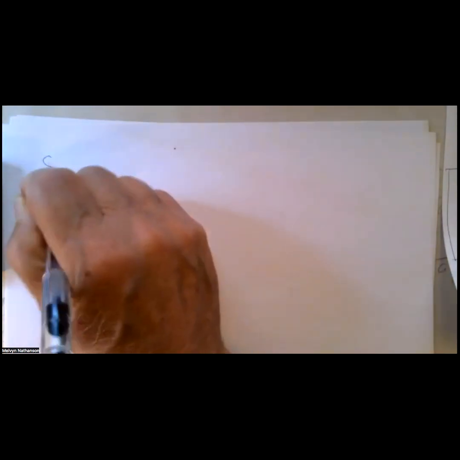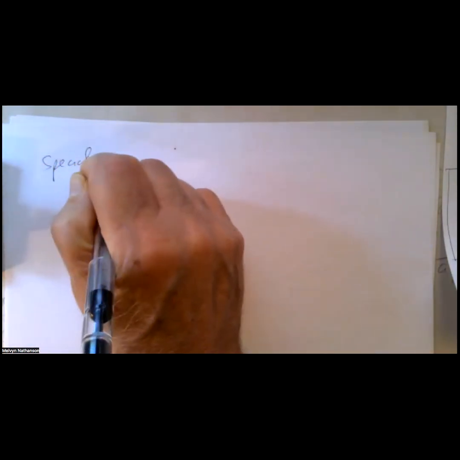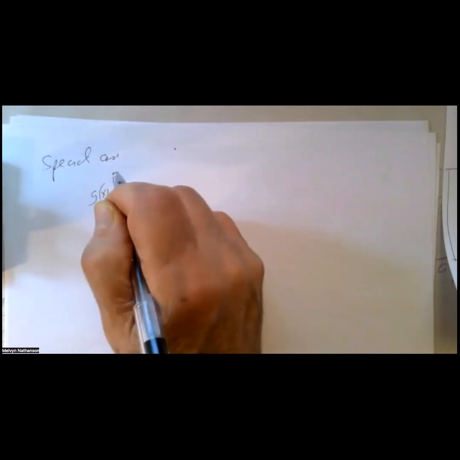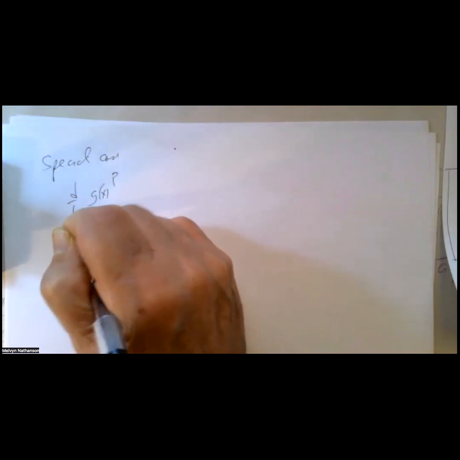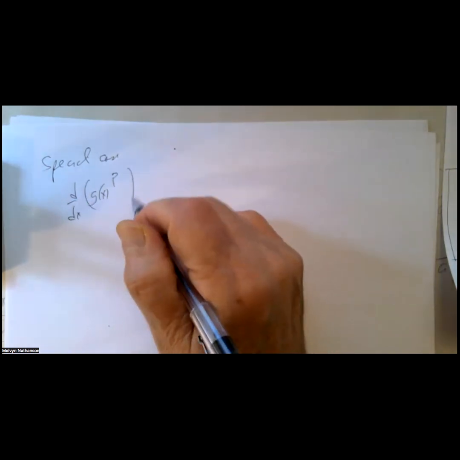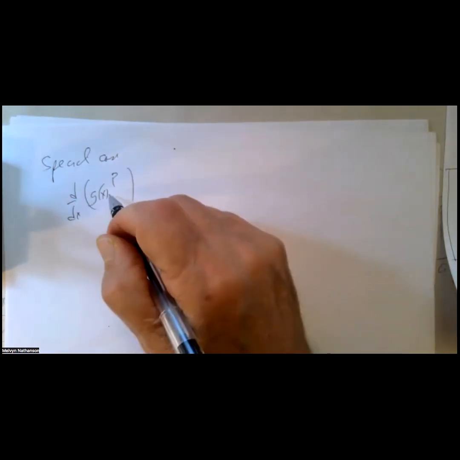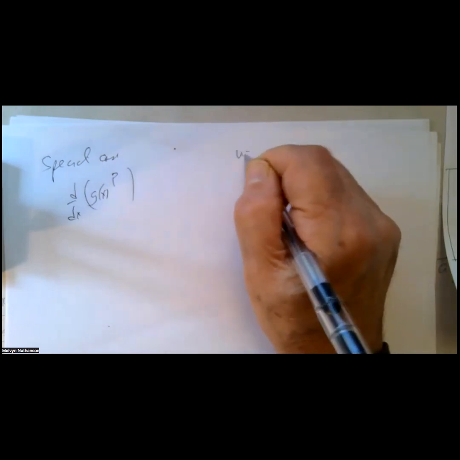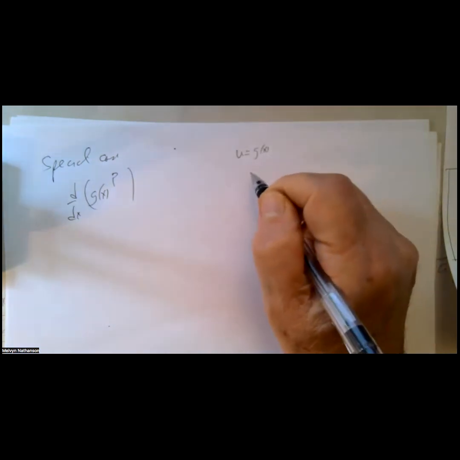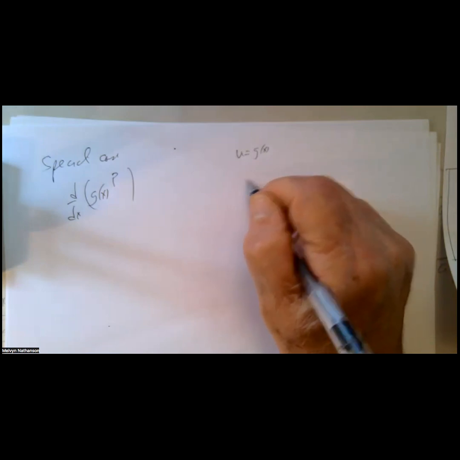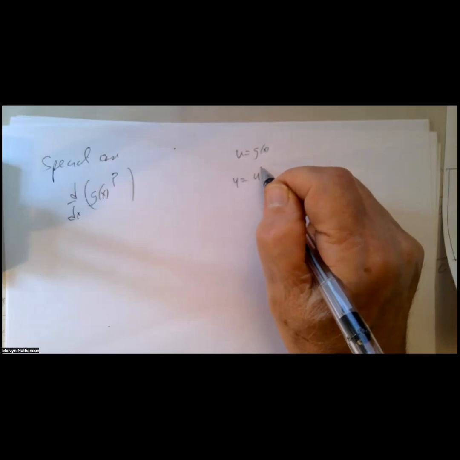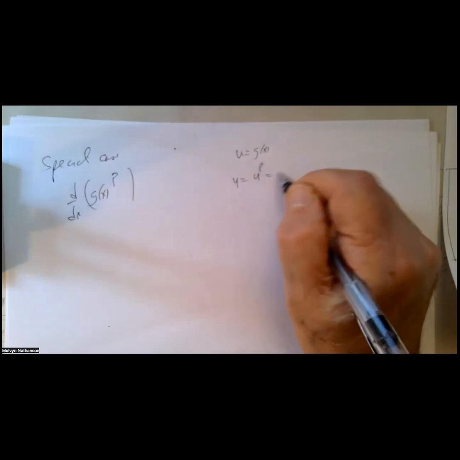A special case is when we have a function g of x, which we're raising to the power of p, and we want to differentiate it. So we're taking g of x and raising it to the power of p. If we think of u as this function g of x, we're looking at a function u to the p.